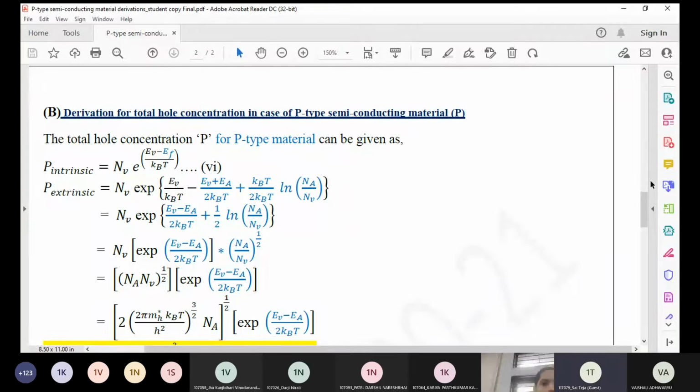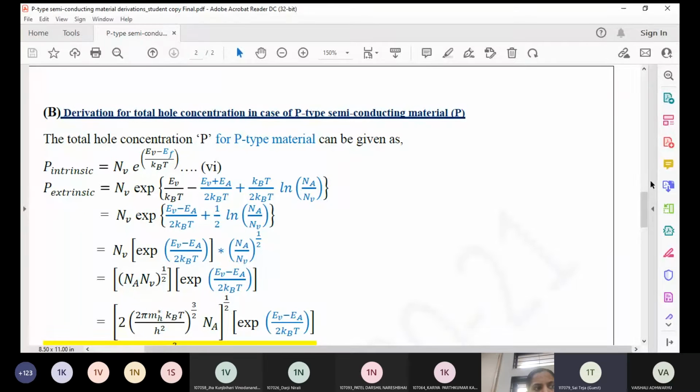So now for the derivation of the total hole concentration for P-type materials. We know that the number of holes for intrinsic would be NV into e raised to the power EV minus EF upon kBT. And we had considered that P for intrinsic is equal to P for extrinsic.